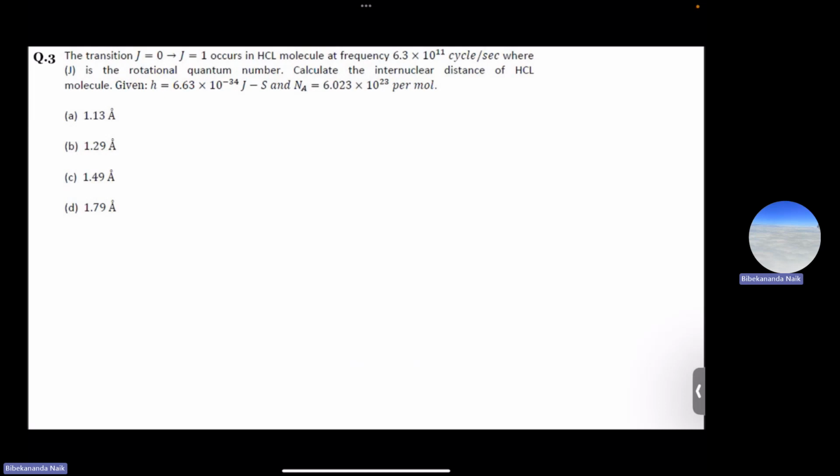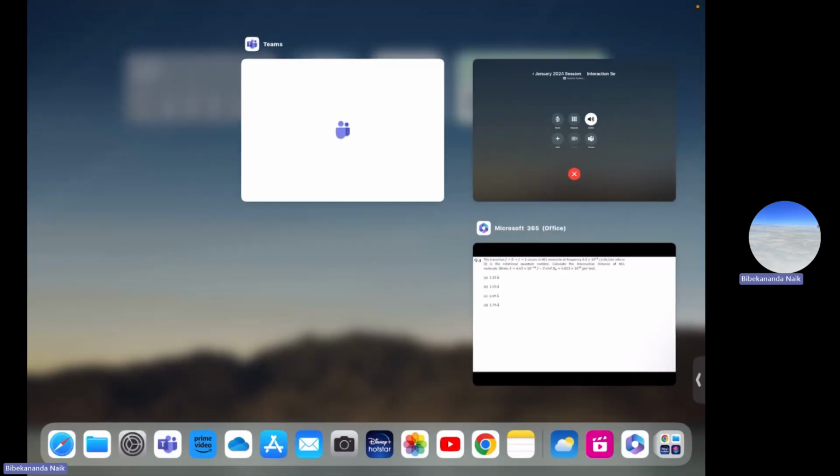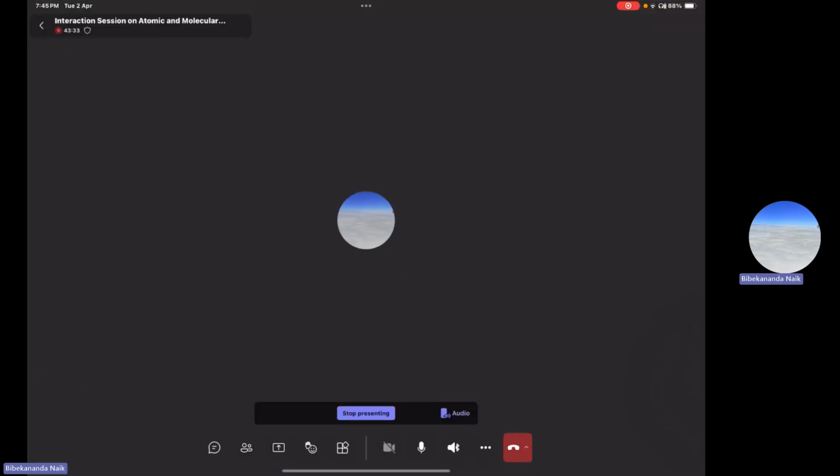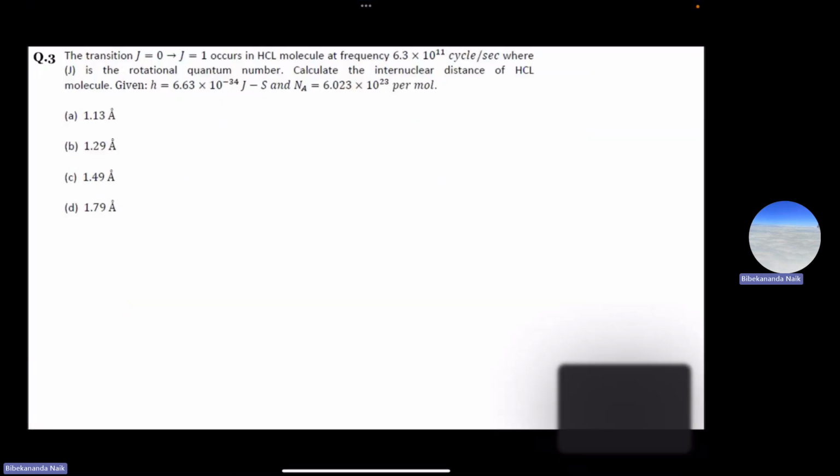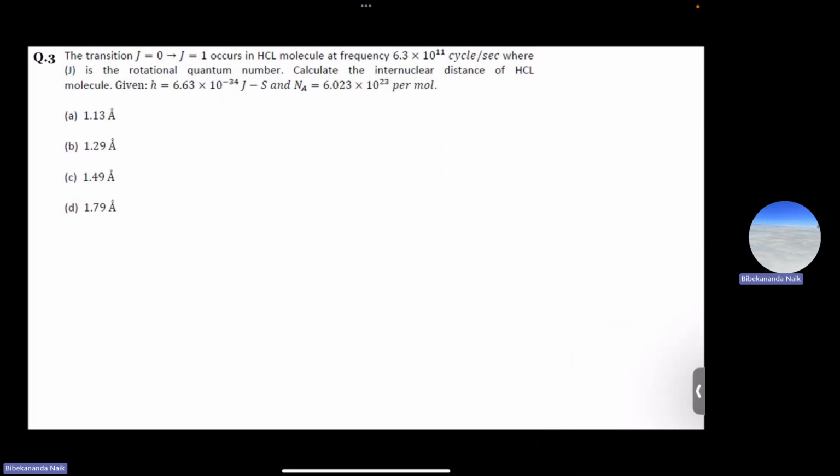So let's solve this question. Here the same type of scenario is present. The transition is occurring from J equal to 0 to J equal to 1.